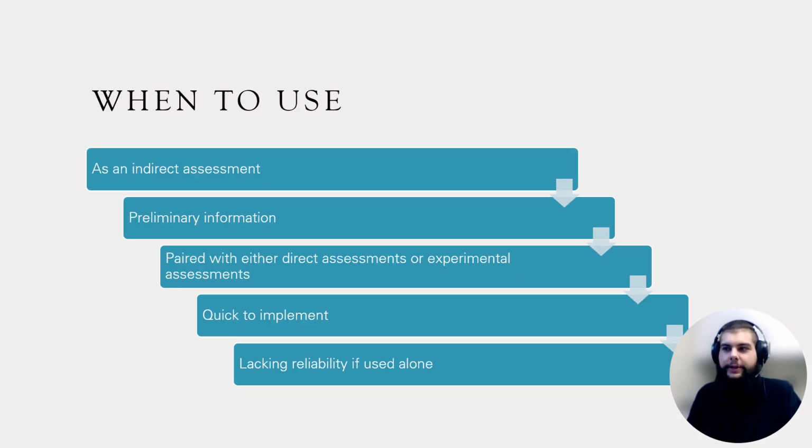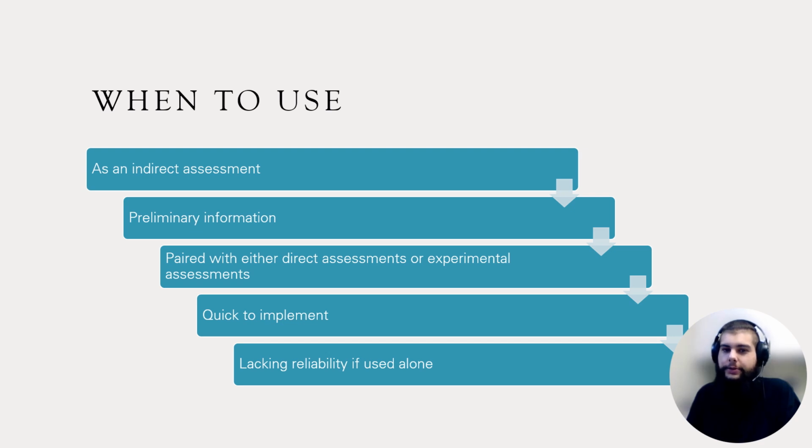So, when should you use the Functional Assessment Screening Tool? The FAST should be used as a form of indirect assessment, preferably if you are limited by time or looking for an indirect assessment method that pairs with the functional analysis as made leading by Brian Iwata.